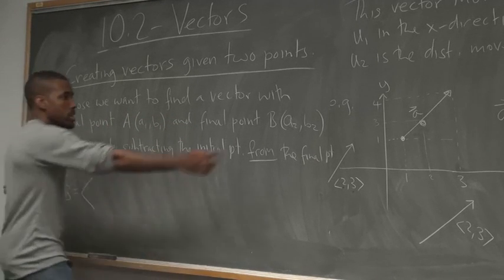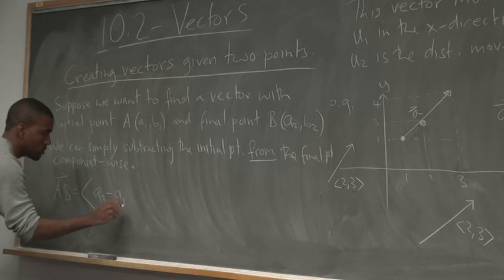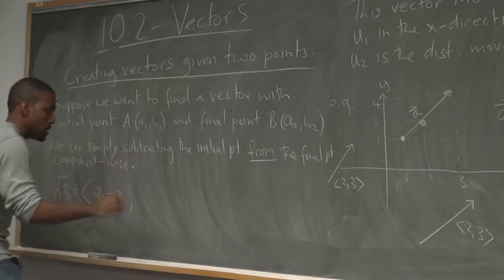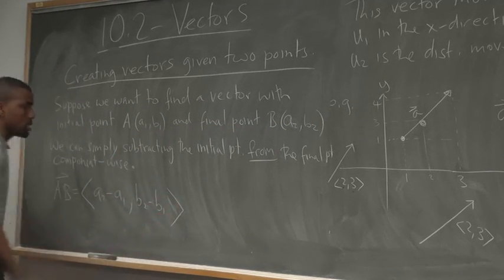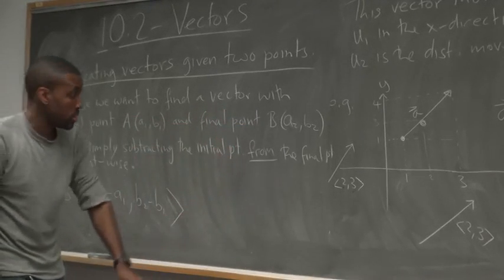So you're going to take the A2 minus the A1, that is your new first coordinate, and then you're going to take the B2 minus the B1. That is the second coordinate. And you can also make a note that that's exactly what happened here.